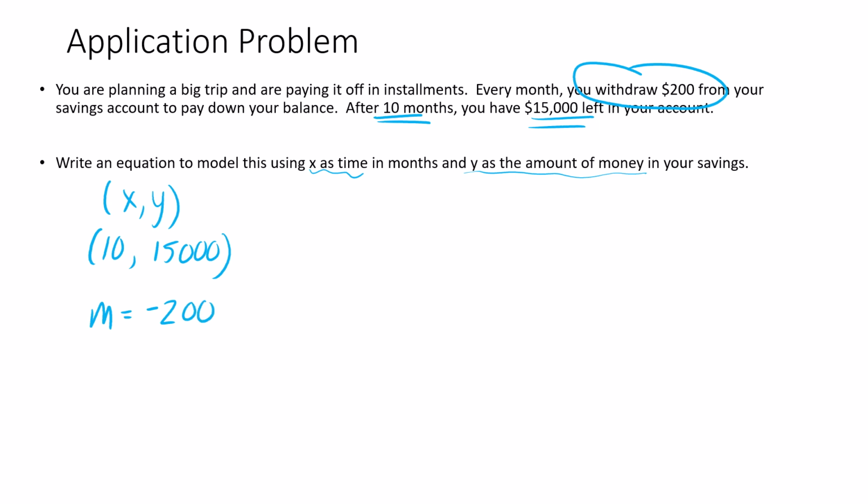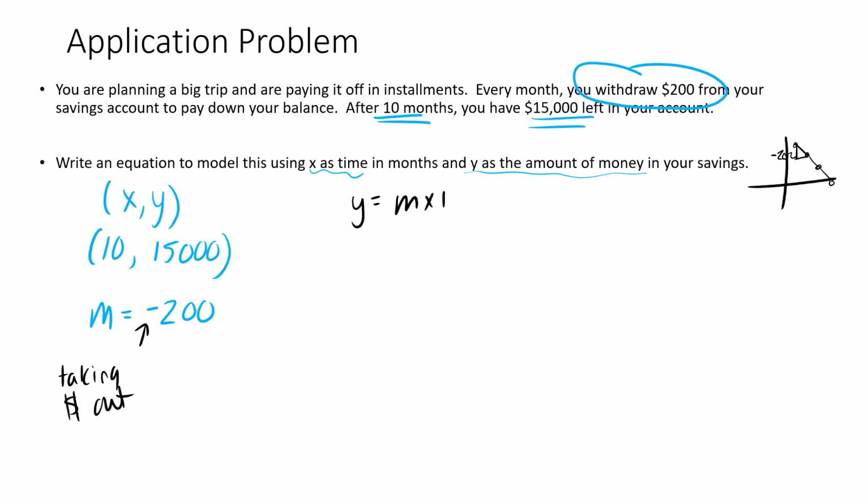It's negative because you're taking money. Okay, if you were saving money and putting money in, we would use a positive, but the balance is going down. If you were to graph this, you'd have a certain amount of money, and each month you would be losing a certain amount of money, and the amount that you would be losing would be the $200.